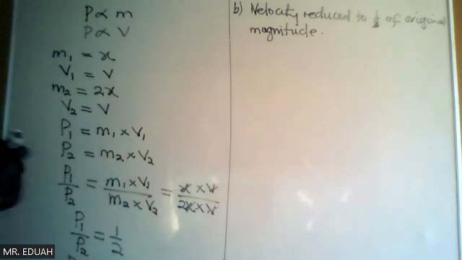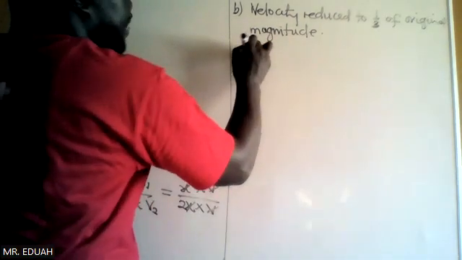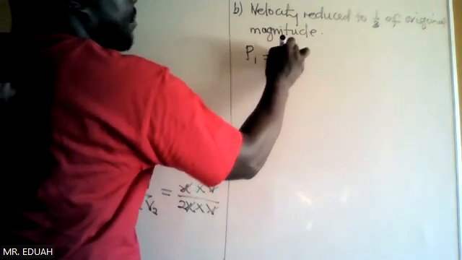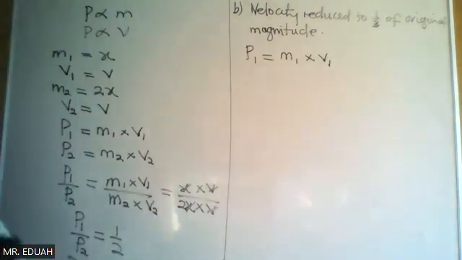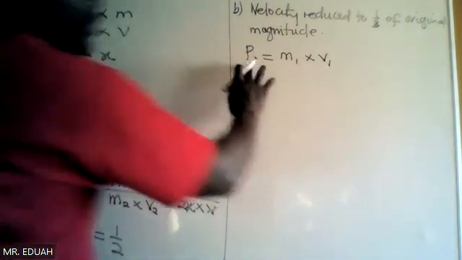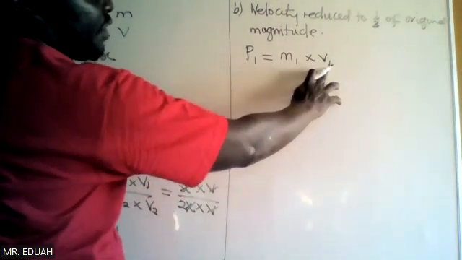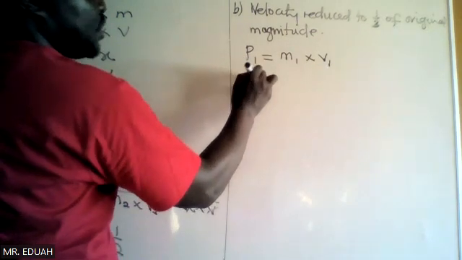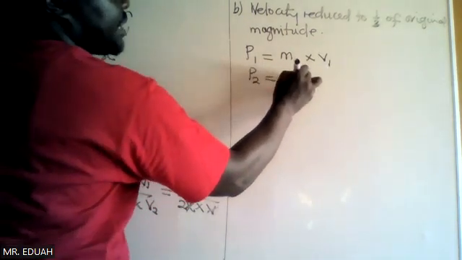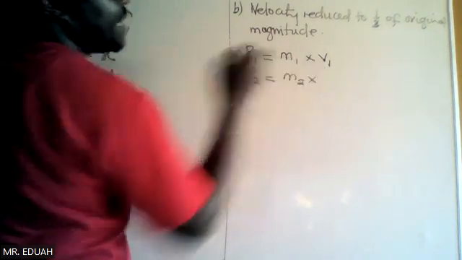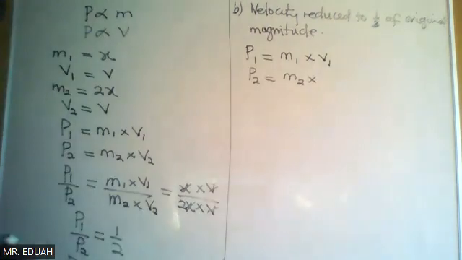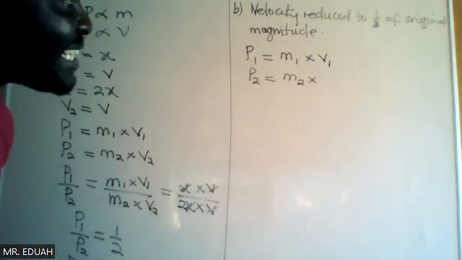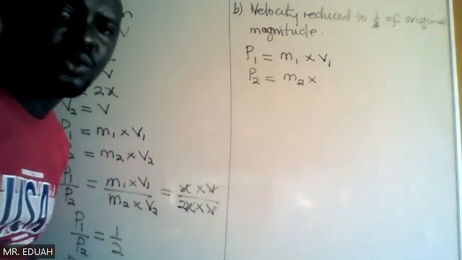Okay, if you want to see, P1 is equal to M1 times V1. So this is the original magnitude of the velocity. In P2, this is equal to M2 times. Now, in the second situation, we are told that the velocity is reduced to 1/3 of the original value.